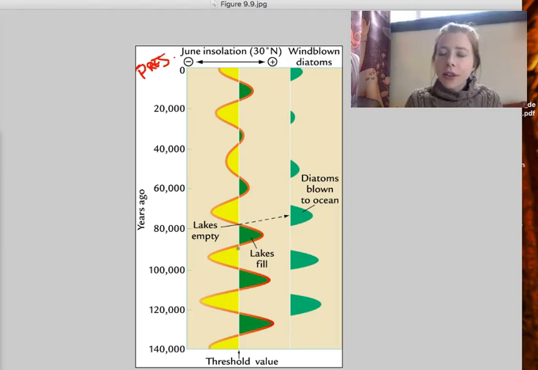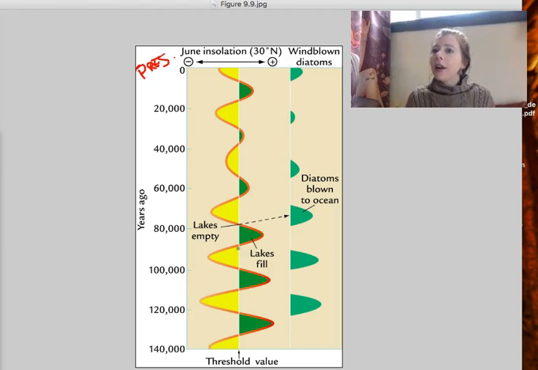But another thing to look at is, how do we know when we look back in geologic time when there were stronger monsoons and when there were weaker monsoons, and how does this align with these orbital scale processes we've been learning about? And so we have to be able to figure out how you'd look back at the geologic record. And what we've actually found is these simple prokaryotes called diatoms.